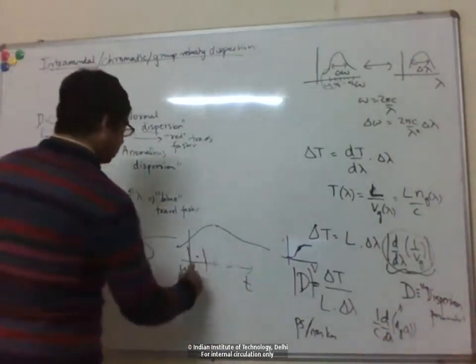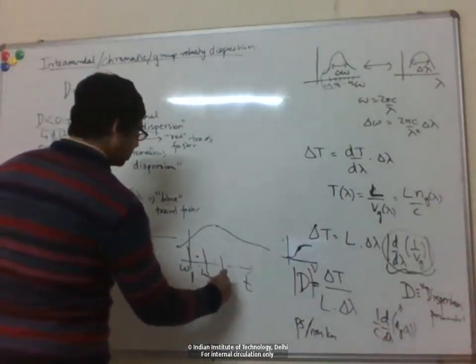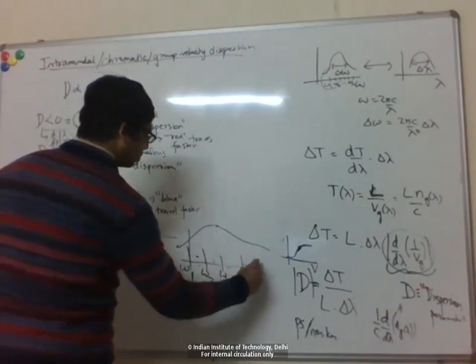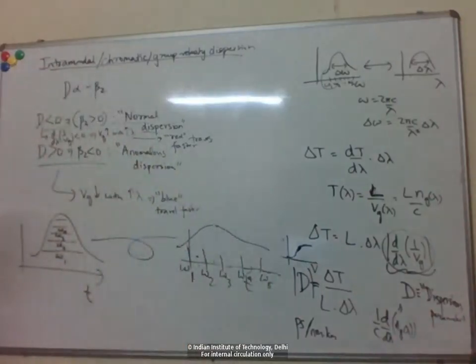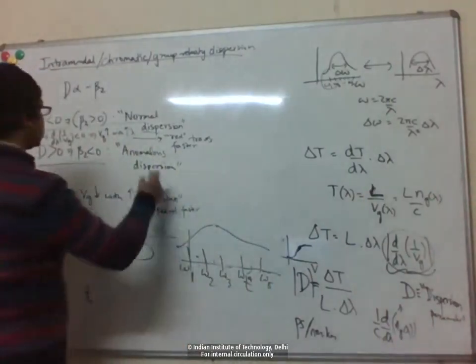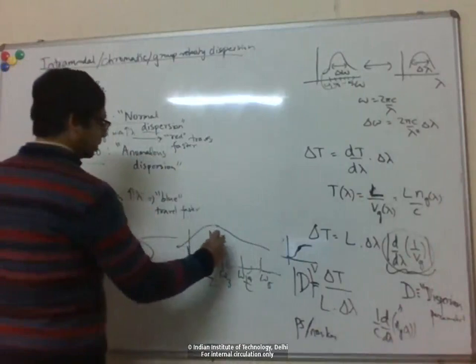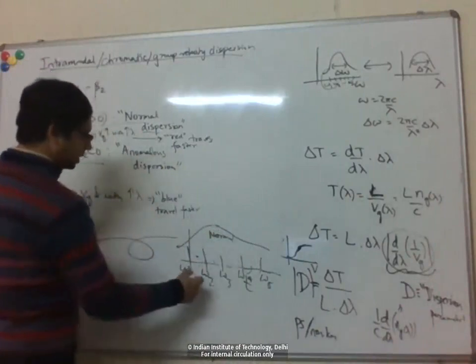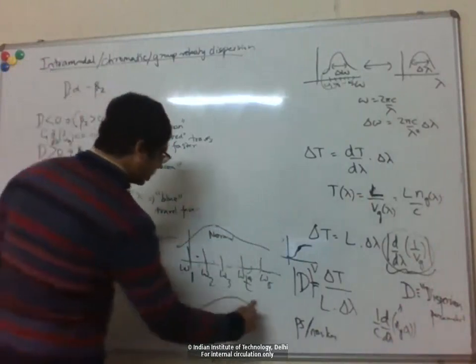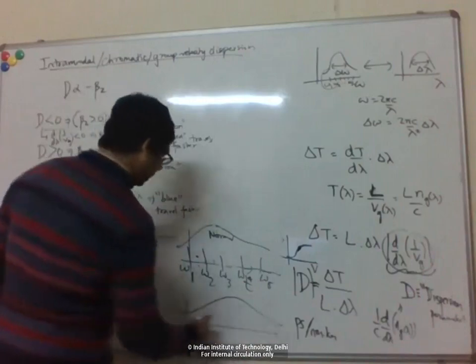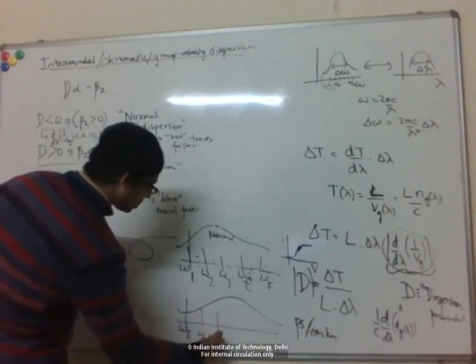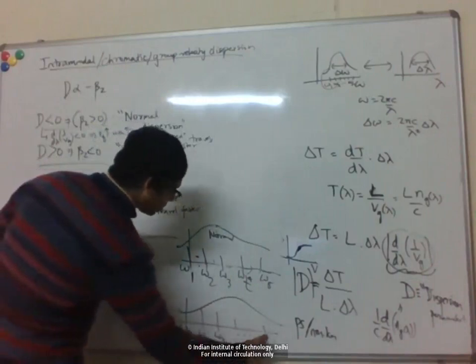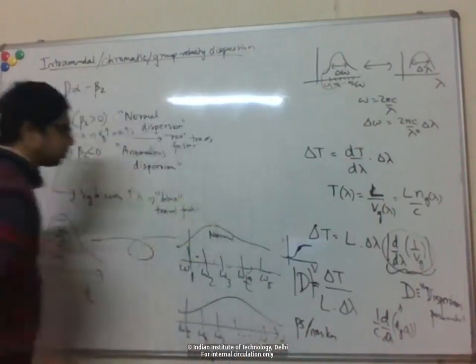Now the different frequency components have split in time. So for normal dispersion, the lower frequency arrives first, whereas in the anomalous case, you get the same broadening, except now the higher frequency will arrive first.